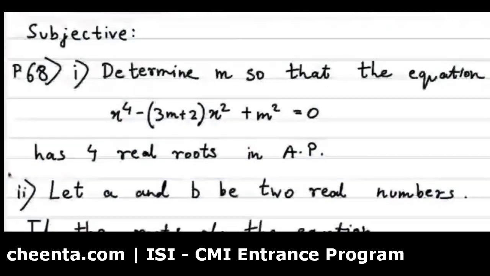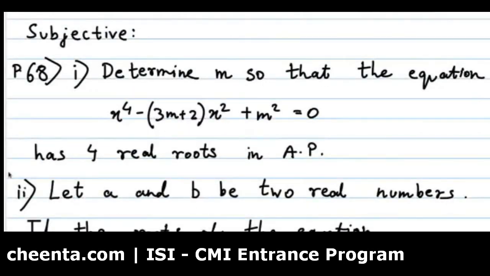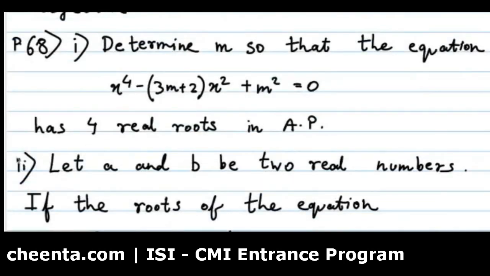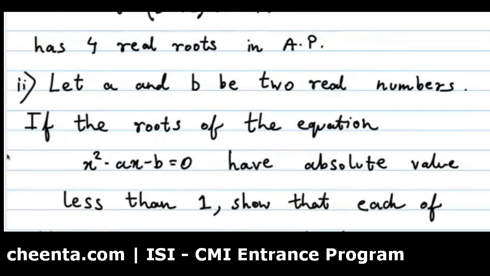The first part: determine m so that the equation, a 4-degree equation, is given. We have to determine m such that this has 4 real roots in AP.